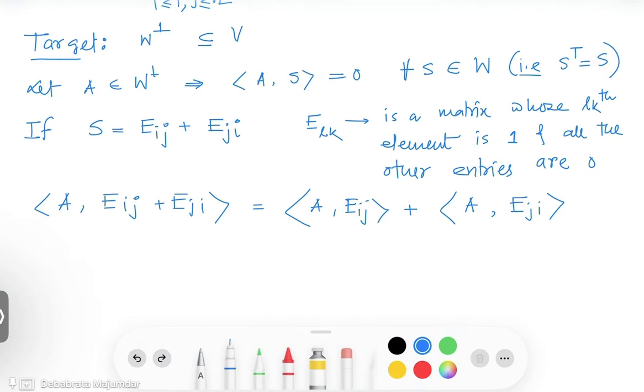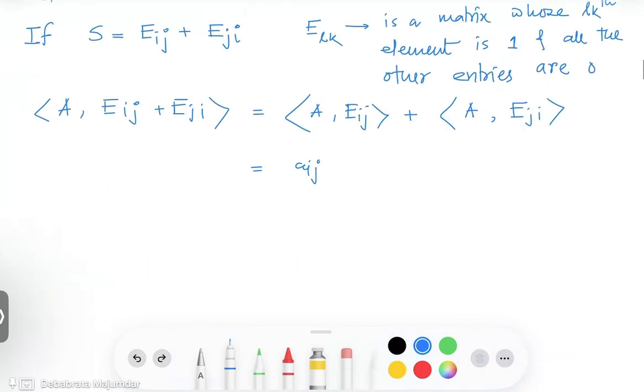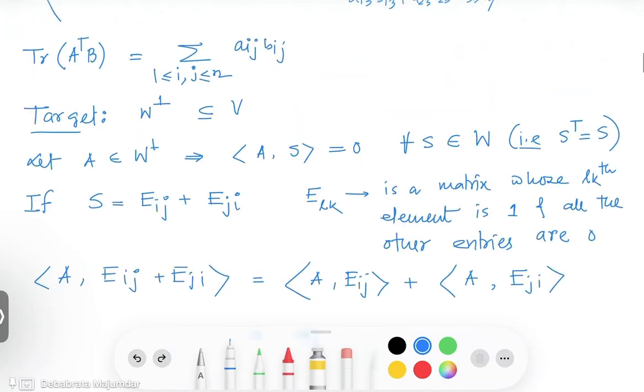Because all the entries are real, so there is no meaning of the bar. So is this equal to Aij only? Because the ij entry is only one, and all the other entries are 0.